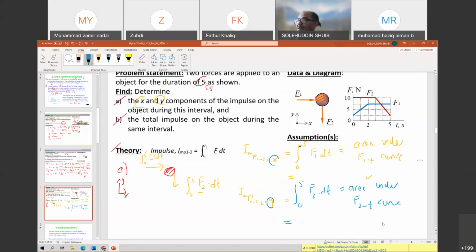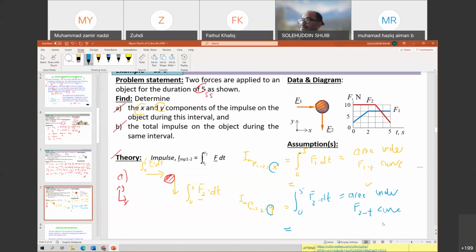Okay, this is big. What do you get? For F1.